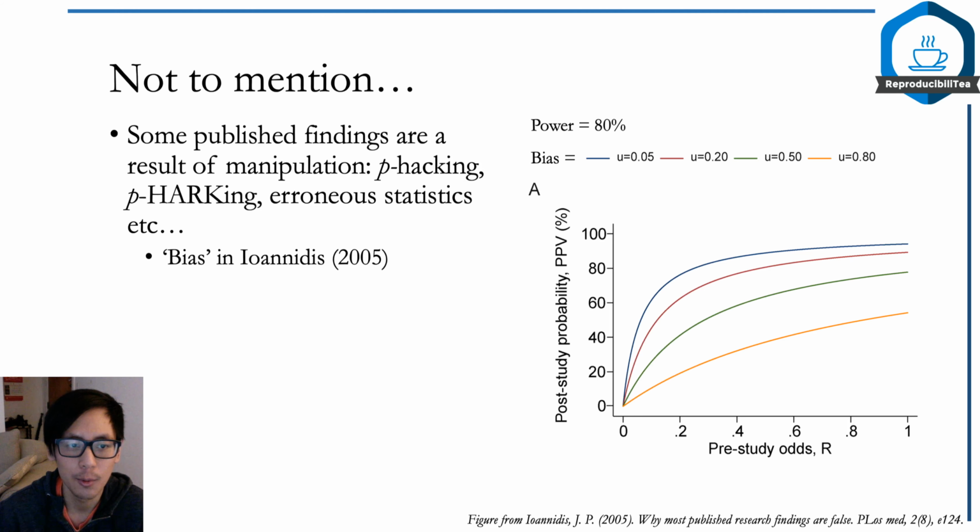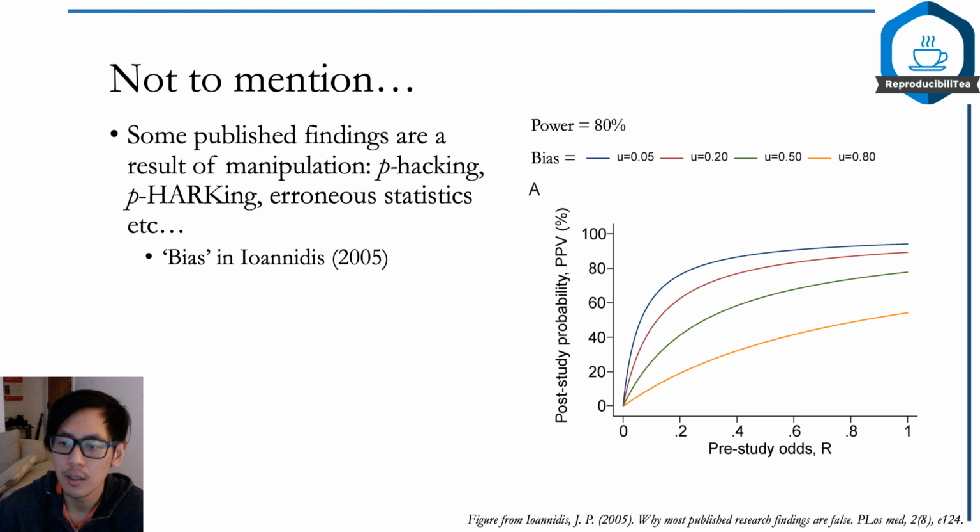So that is, the chance of us finding a significant effect when there is one is 80%. And you can see here at the bottom, the pre-study odds, that's equivalent in the hypothetical example that I presented to the probability of a true effect.